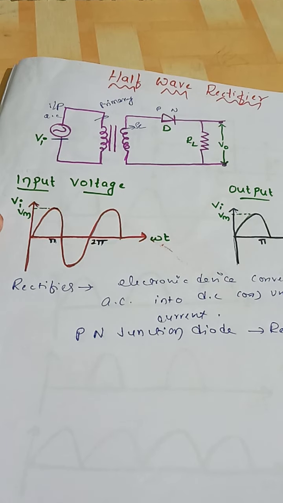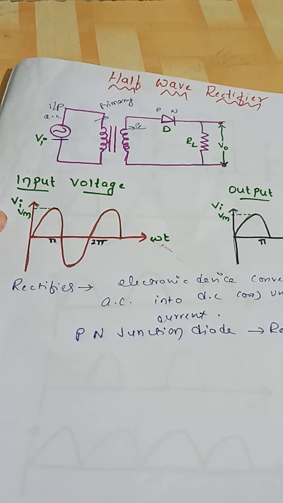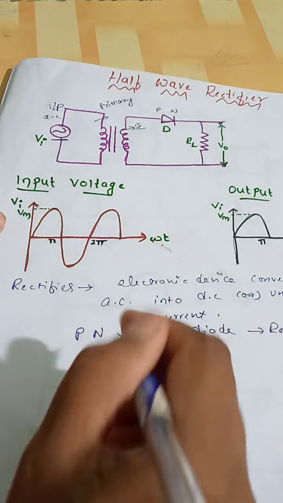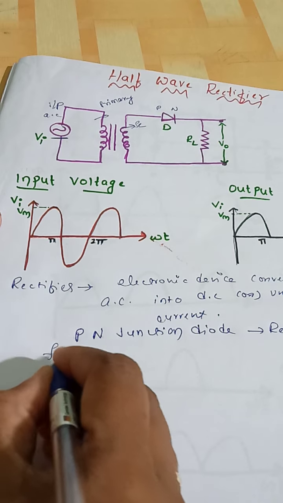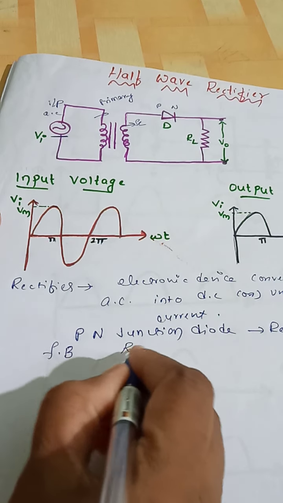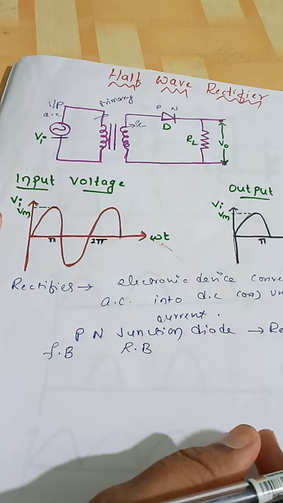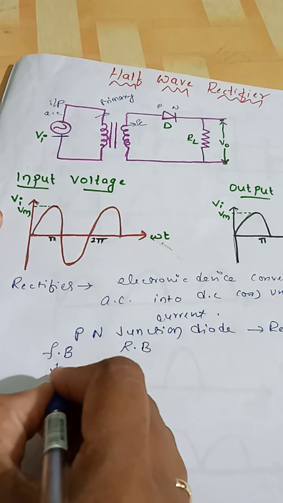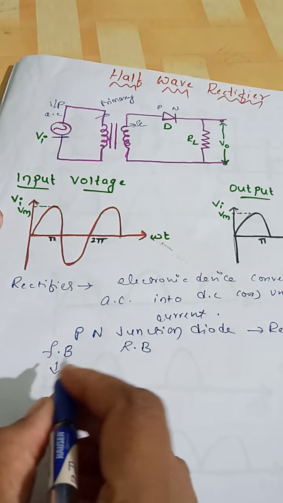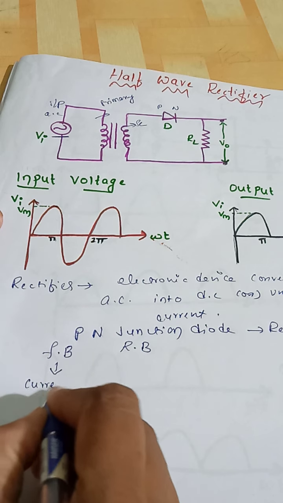So once let us recall about the PN junction diode. Already in my last lectures I said that a PN junction diode has forward bias and reverse bias.